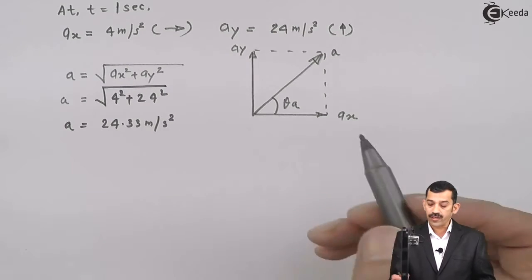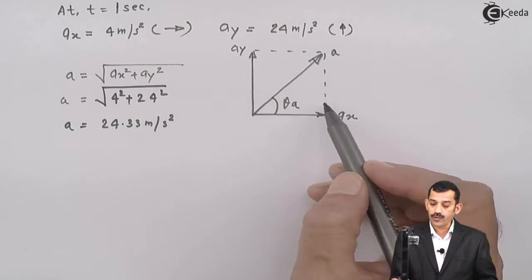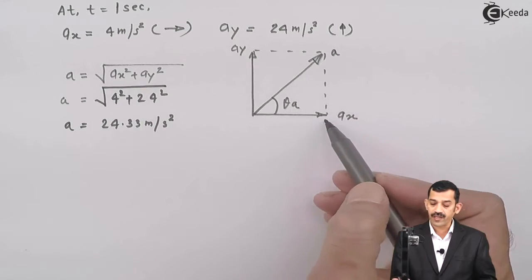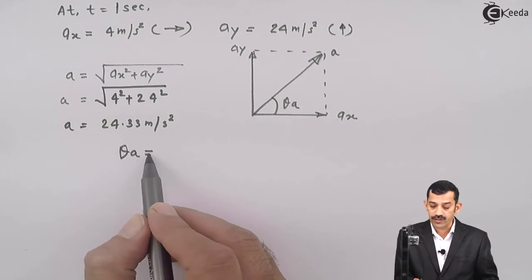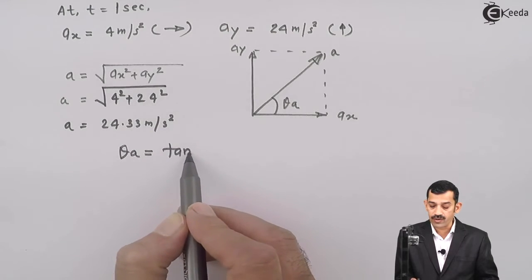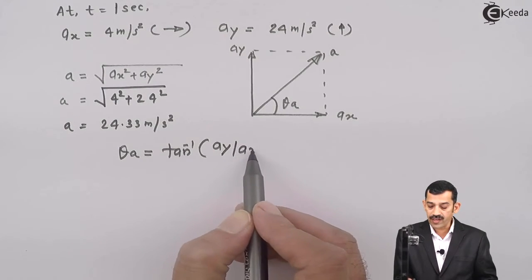Inclination, if you want to find out, again tan of this angle is opposite upon adjacent. Opposite means vertical is ay, adjacent is ax. That means the inclination of acceleration with horizontal is tan inverse of ay upon ax.